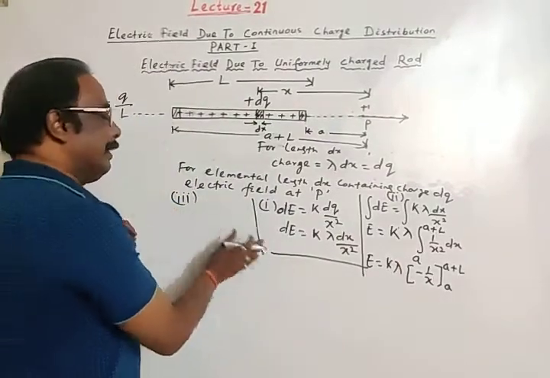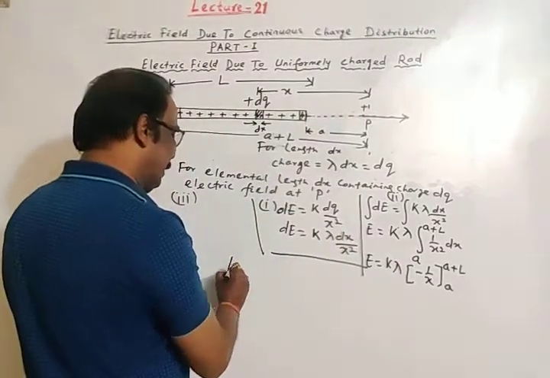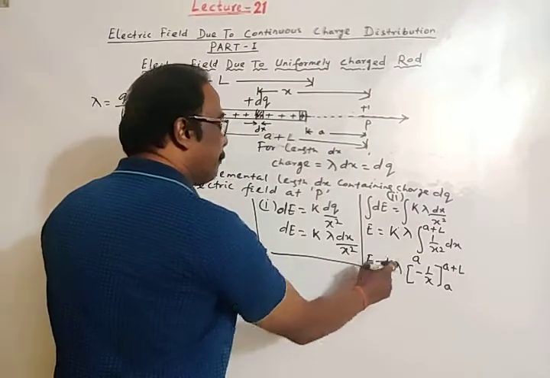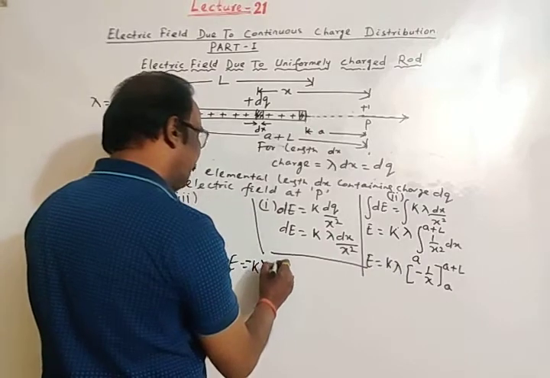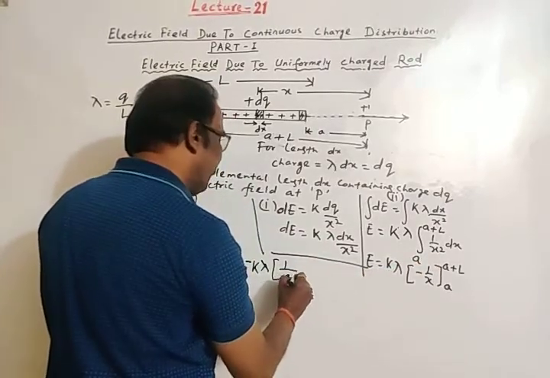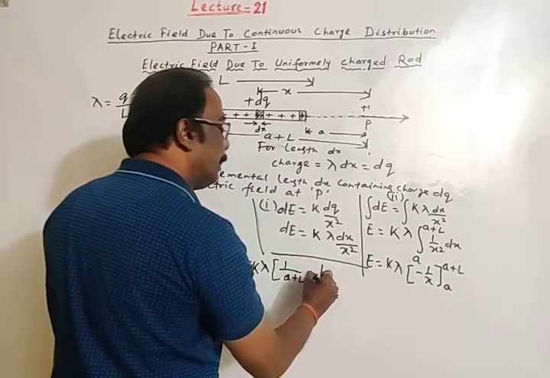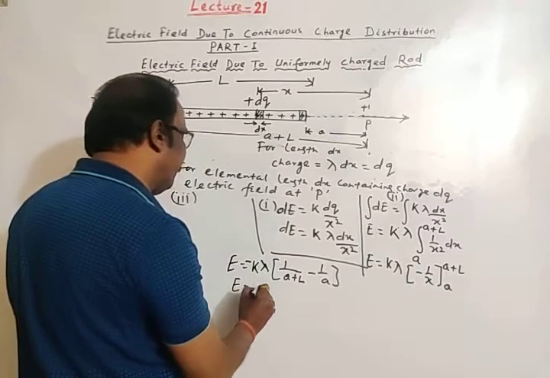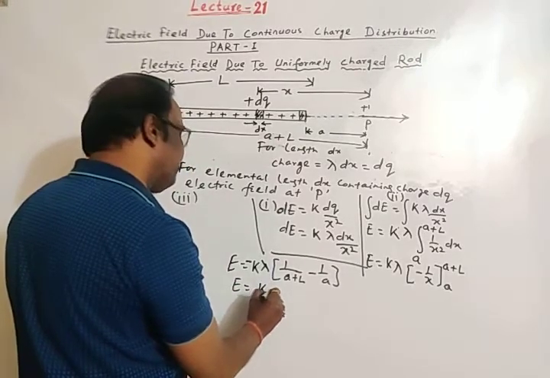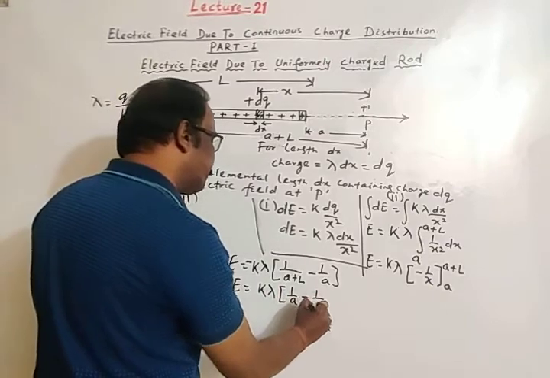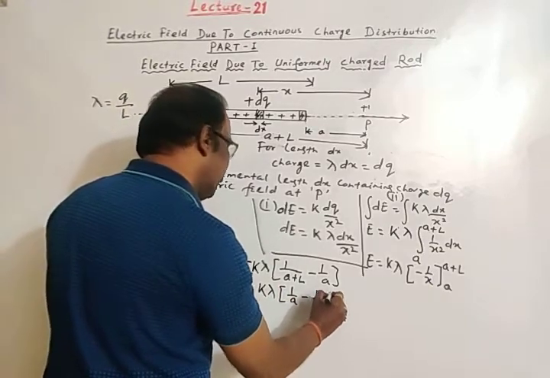Then electric field is minus k lambda. Bring the negative sign outside: 1 by x means 1 by a plus L minus 1 by a. Then our final answer is E equals k lambda into 1 by a minus 1 by a plus L.